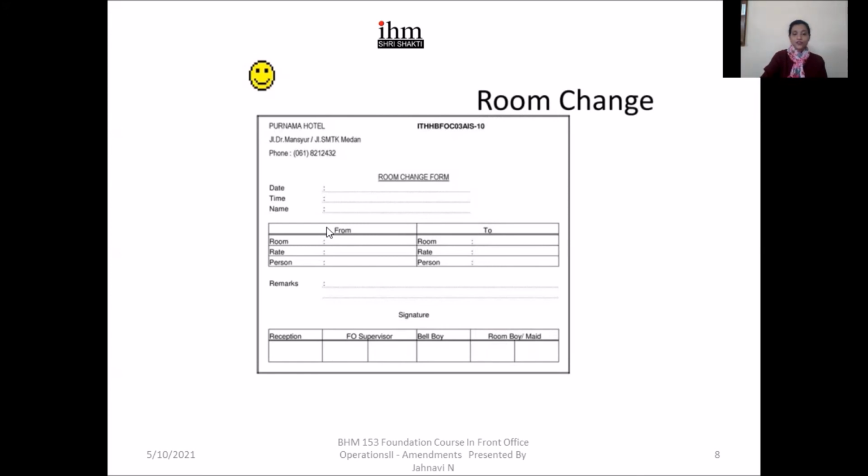From which room, which rate, and which person is shifted to which room, and the new rate and the person name. In the remarks you write if there was any complaint from the previous room, or what was the reason for the front office to upgrade the room of the guest. Now, signatures are required of reception, front office supervisor, bellboy, and the room boy.